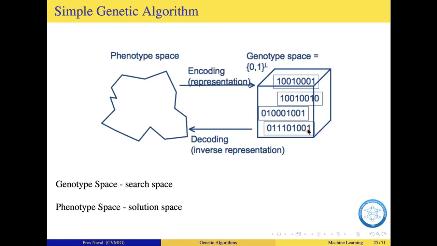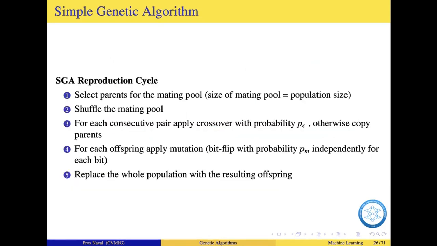So these genes, these chromosomes, actually map back into individuals, and that would be your solution space. So here you have your solution space, and here you have your search space.